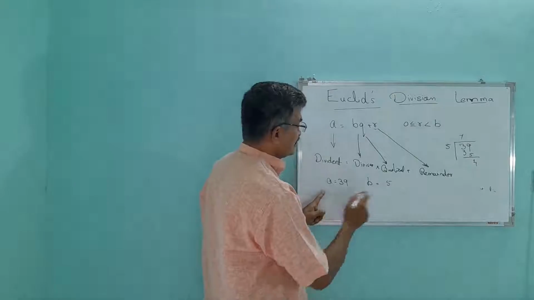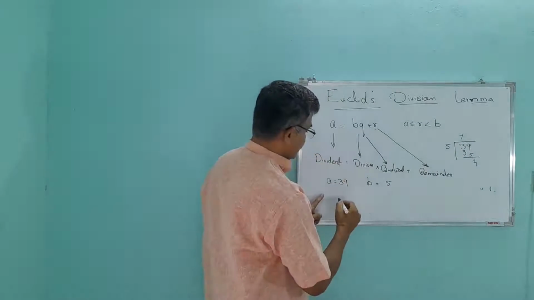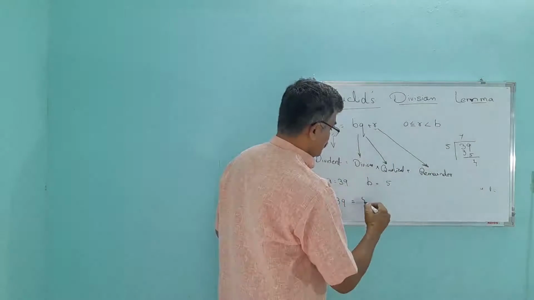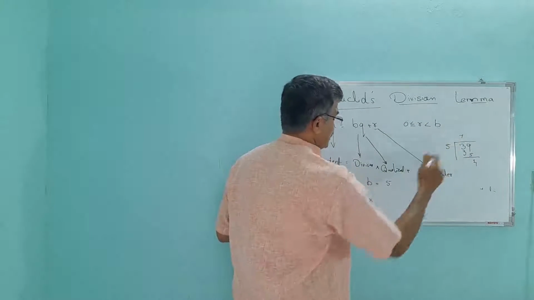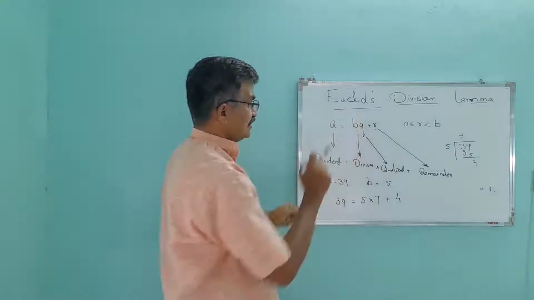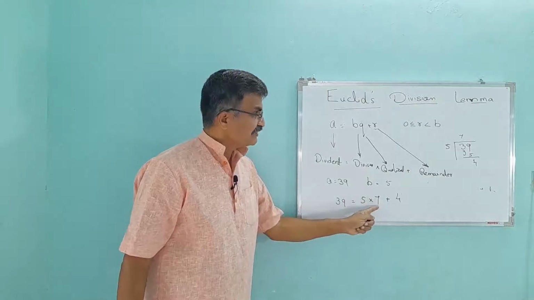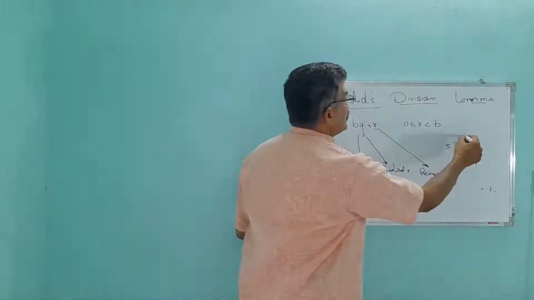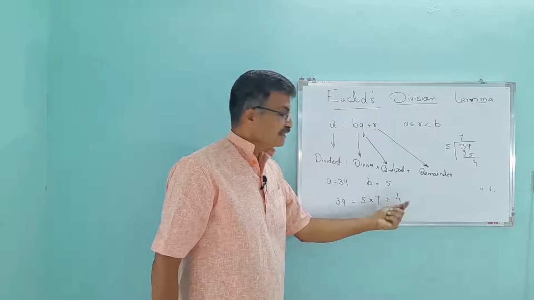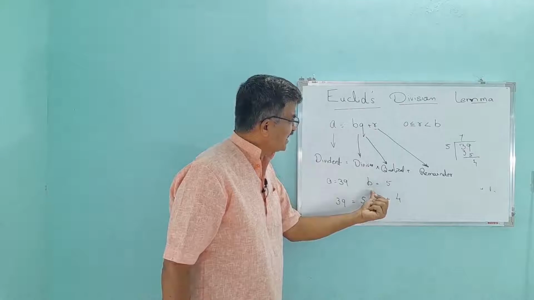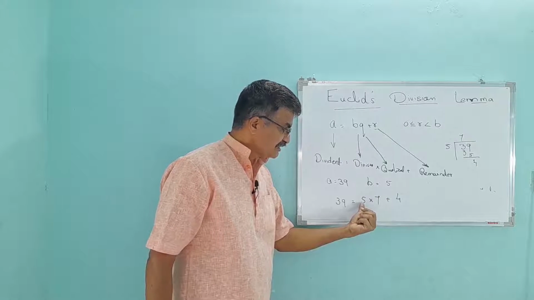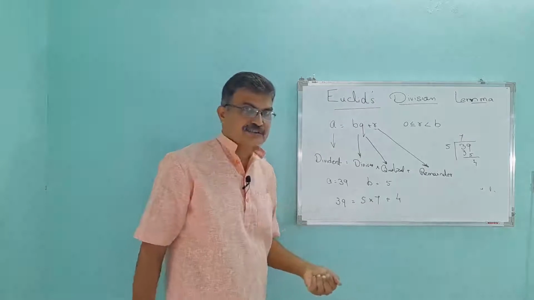So we can write it as 39, the dividend, is equal to the divisor 5 into 7 plus 4. Am I right? 7 is q, the quotient. r is 4. The value of r is less than b and greater than or equal to 0.